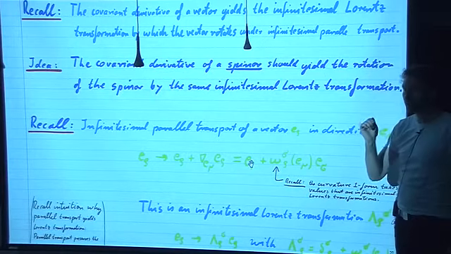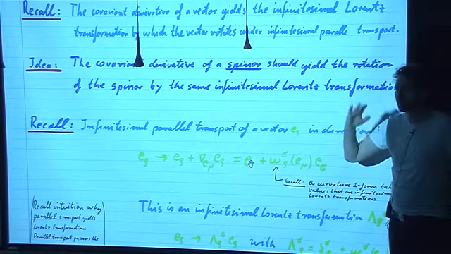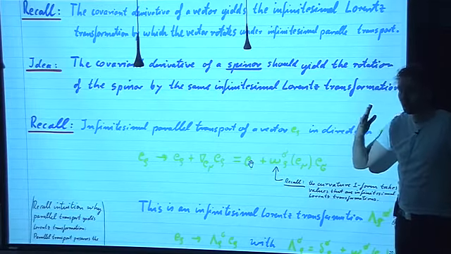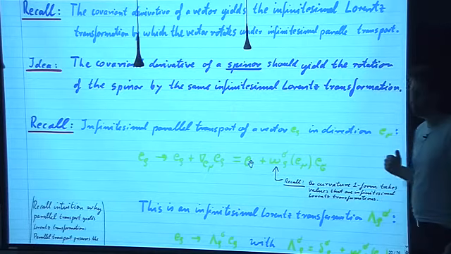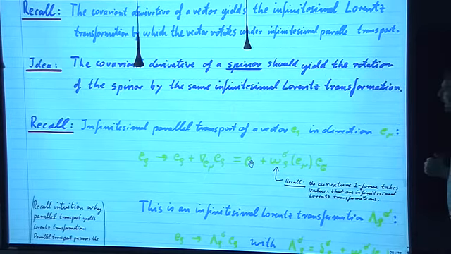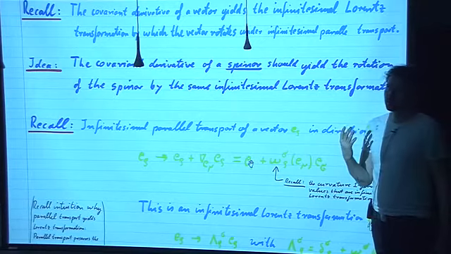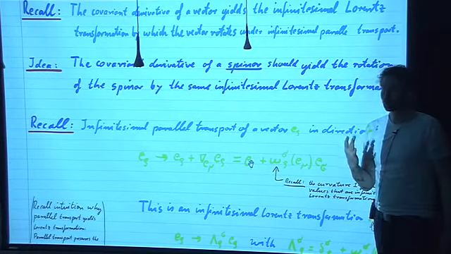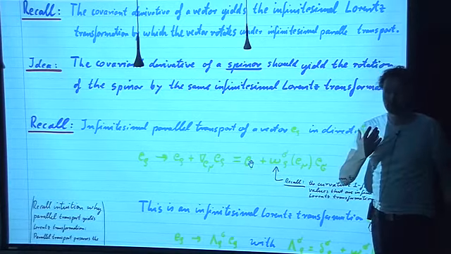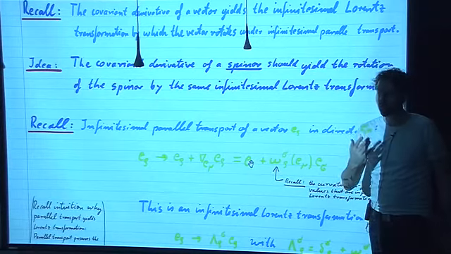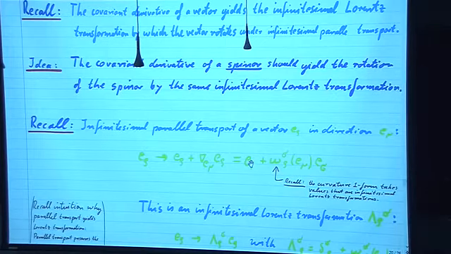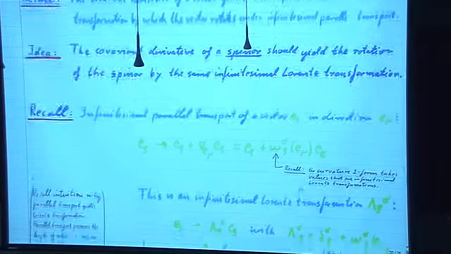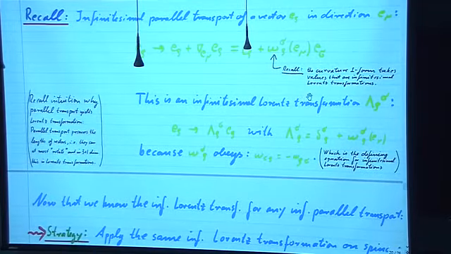The affine connection tells you by what angle, so to speak, or by what Lorentz transformation, the vector is going to be rotated through the infinitesimal parallel transport. And then that very same Lorentz transformation will also rotate the spinor. Of course, for that, we need to know, how does a Lorentz transformation act on a spinor in special relativity? And then we can generalize that to general relativity.